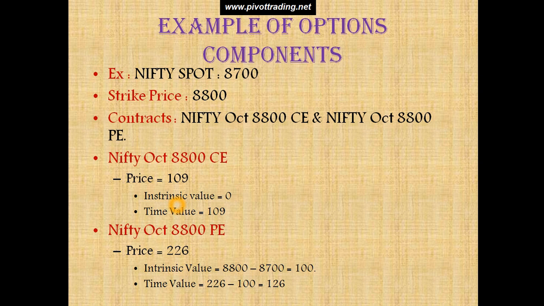Now the other value is called time value. Since you are not in the benefit, then why is the price 109? As I gave you the example of Mr. X, you are entering into a contract with Mr. X, saying that you will do something after a certain number of days. In this case, you will do this at the end of October.